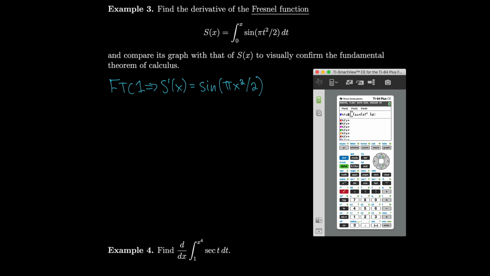We'll square it and divide by 2. Okay, close parentheses. And we're going with respect to t. And we'll graph, well, let's also graph the derivative. Almost forgot. So sine of pi x squared over 2.